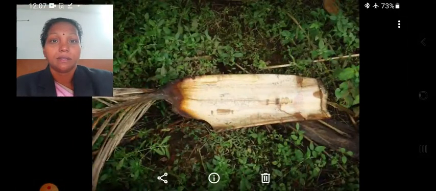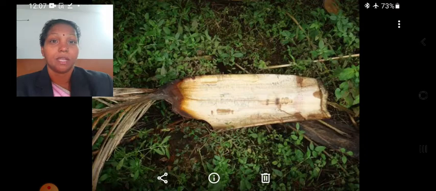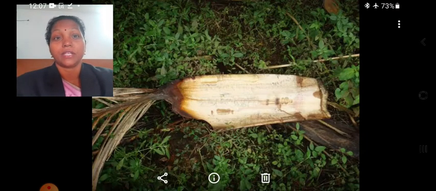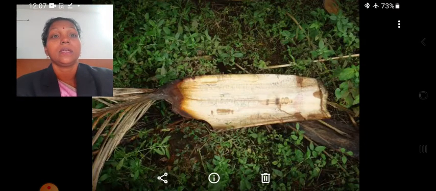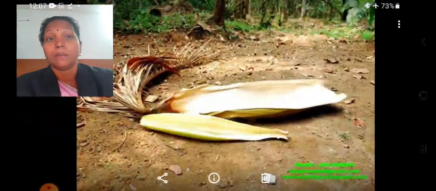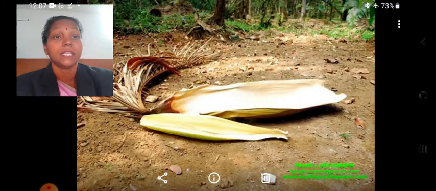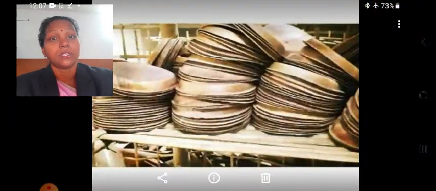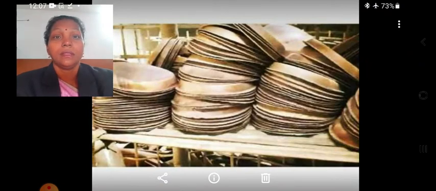Now children, the areca plant's leaf stalk is a flattened modification of the leaf. The leaves that fall off from the plant are collected and, using a machine, they are shaped into plates.